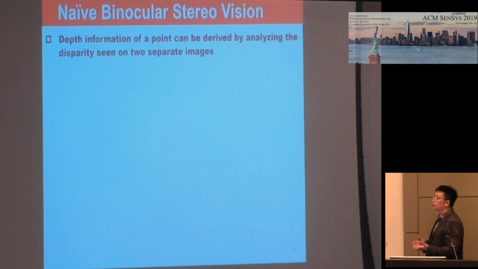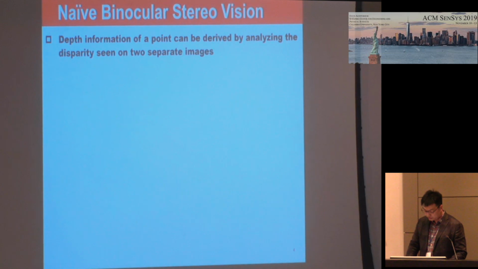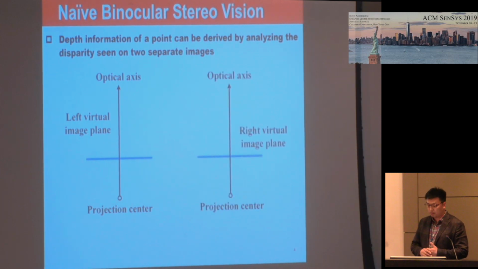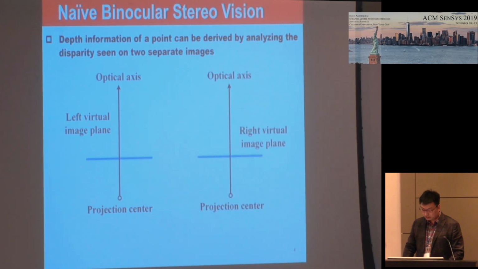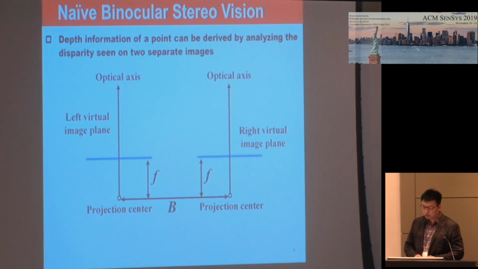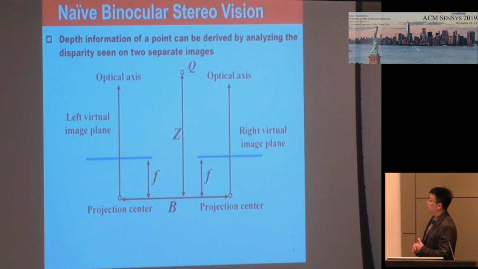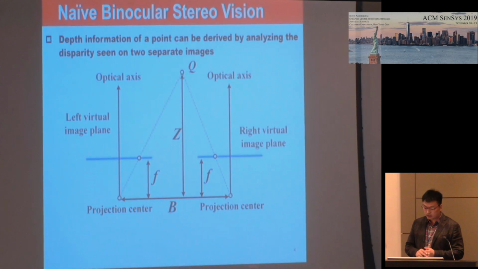Now if you have two cameras, or dual cameras, what can we do? This is one camera, for example the left camera of your smartphone, and this is the right camera of your smartphone. The distance between the two cameras we call the baseline of the dual camera. If there is a physical point Q in the physical world, it will be projected into the two virtual image planes.